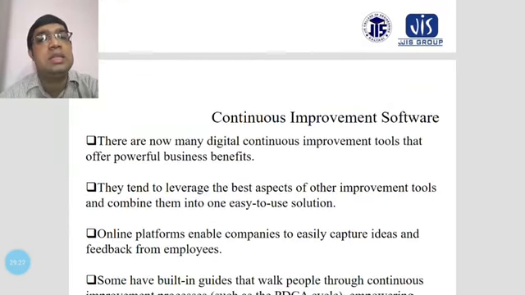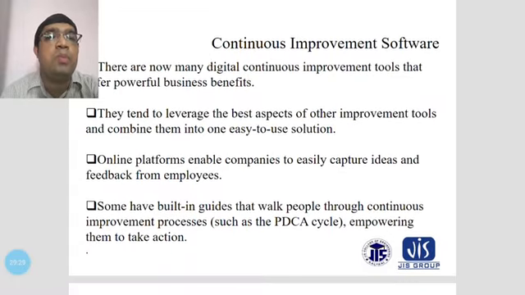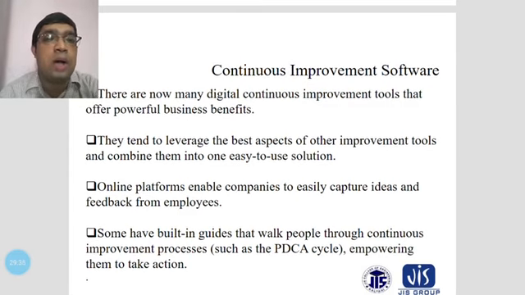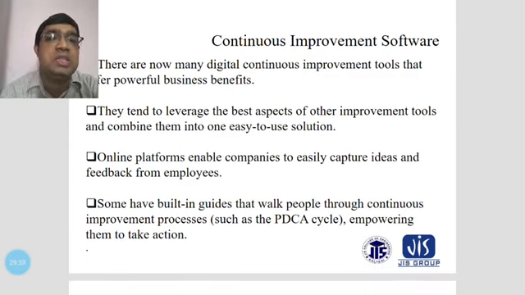And another thing is the continuous improvement software used today. There are now many digital continuous improvement tools that offer powerful business benefits. They leverage the best aspects of improvement tools and combine them into one easy to use solution.